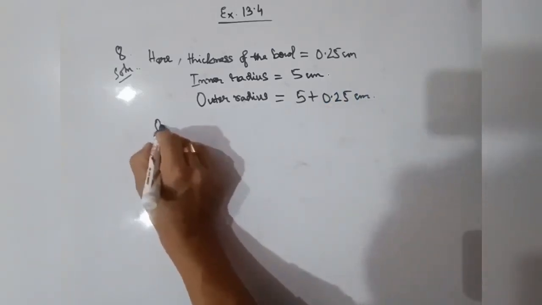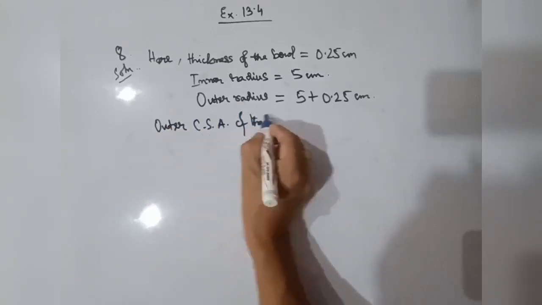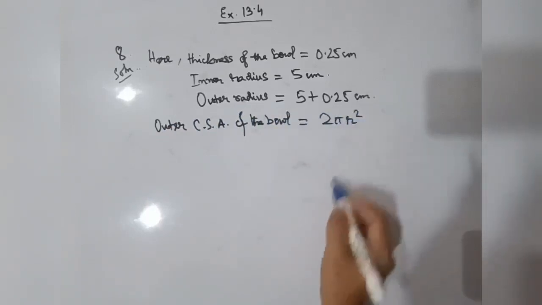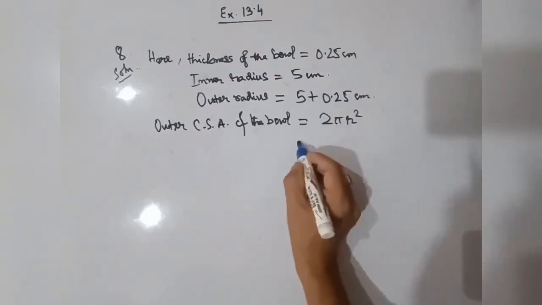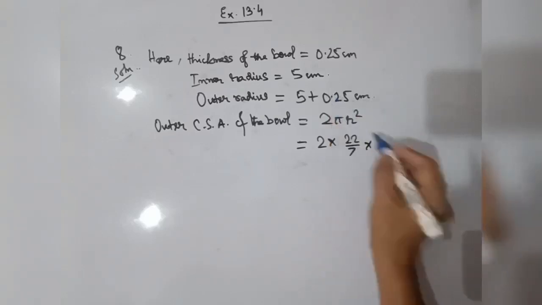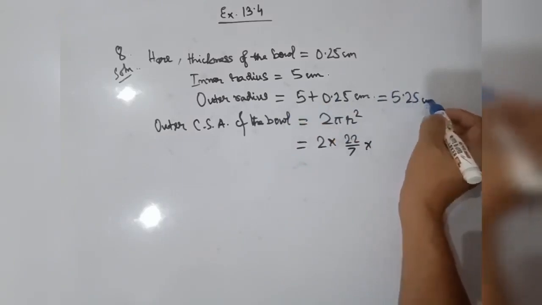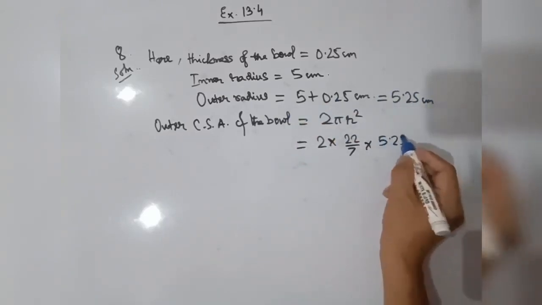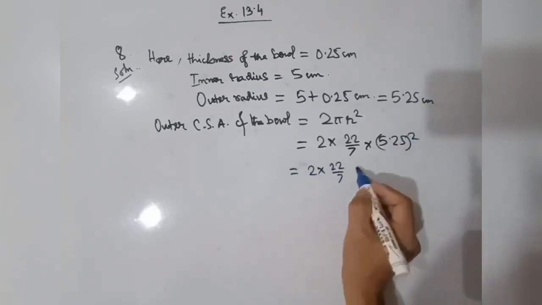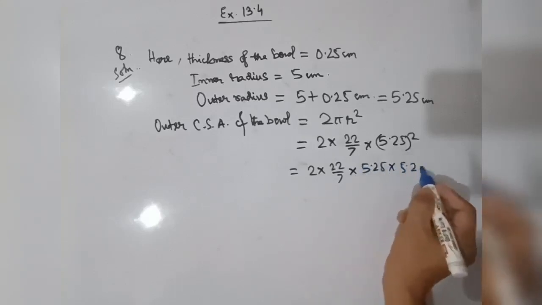So now let us find the outer curved surface area of the ball. The ball is in the shape of a hemisphere, so we are going to use the formula 2 pi r square. This will be equal to 2 into the value of pi, which is 22 by 7, and the value of r is 5.25 centimeter. So this will be 5.25 square, which can be written as 5.25 into 5.25.